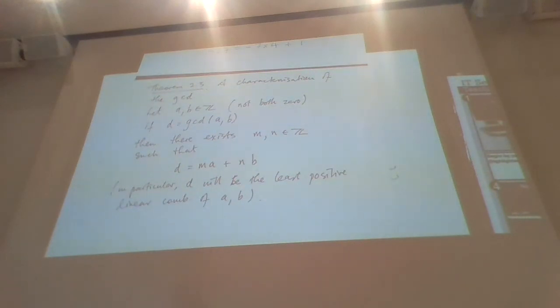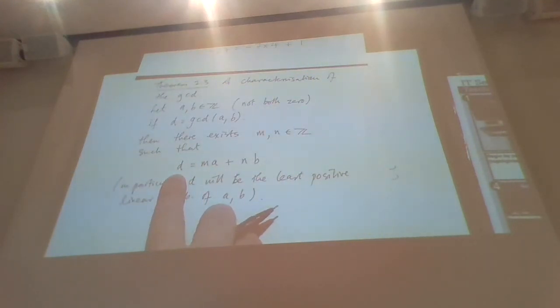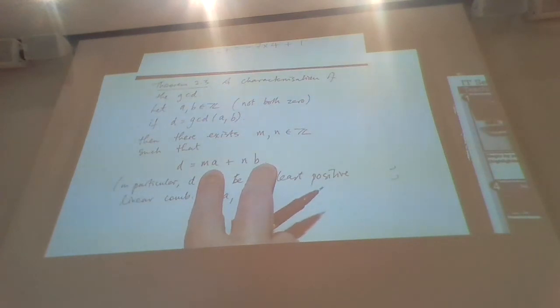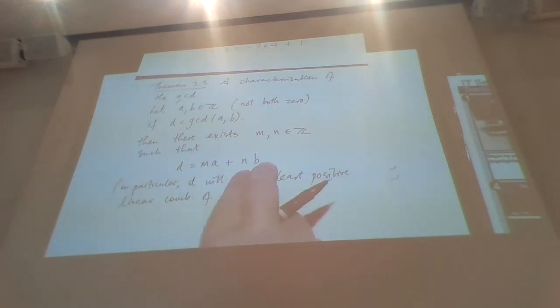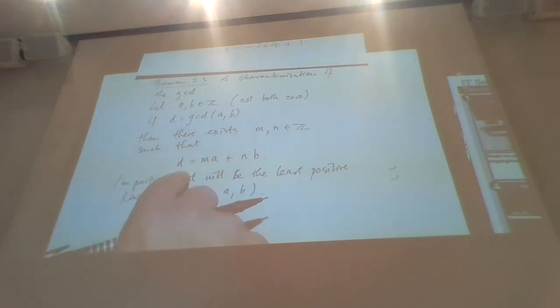And there's a moreover added to it, but it's really a corollary. If we know that the greatest common divisor of A and B can be written like this as a linear combination, then thinking back to our properties of divisibility, any common divisor of A and B will automatically divide this linear combination, because that was the divisibility of linear combinations result. So any common divisor of A and B will divide D, the greatest common divisor.